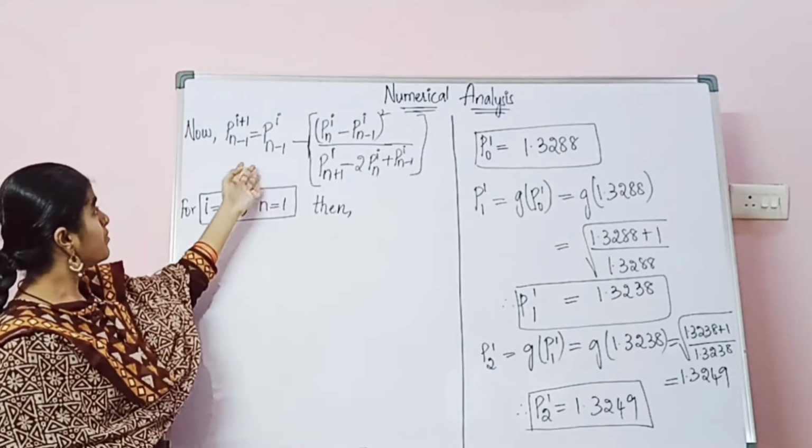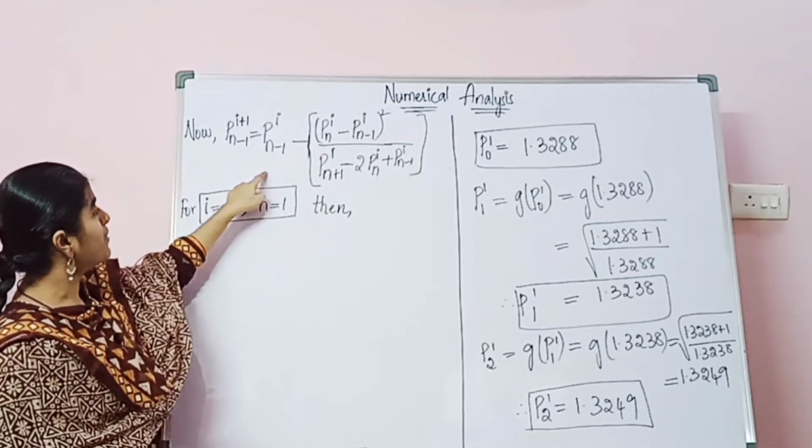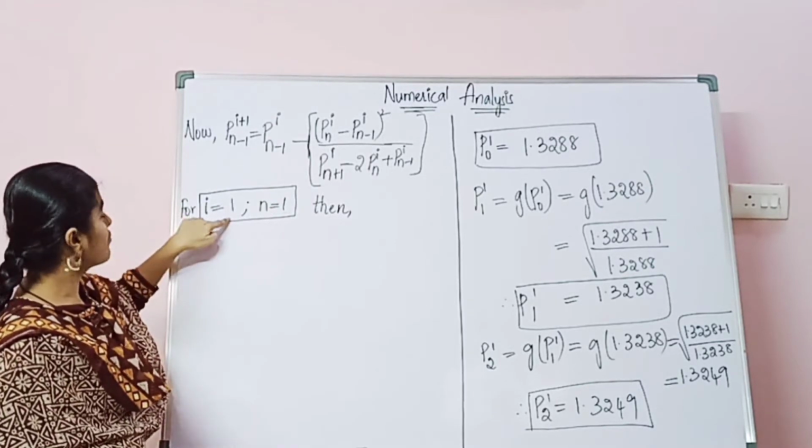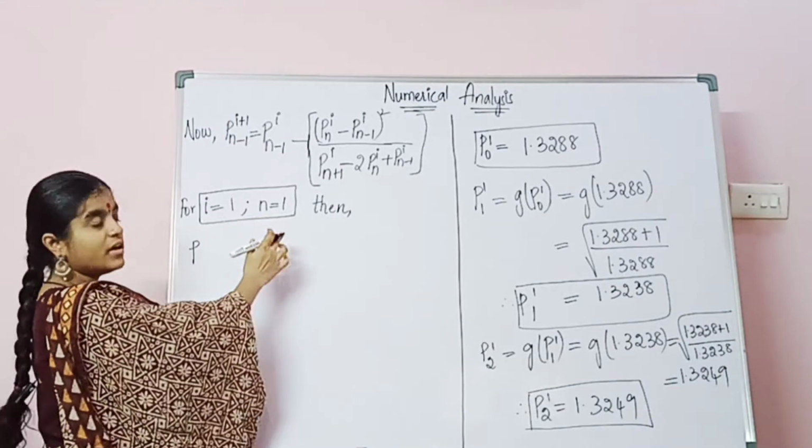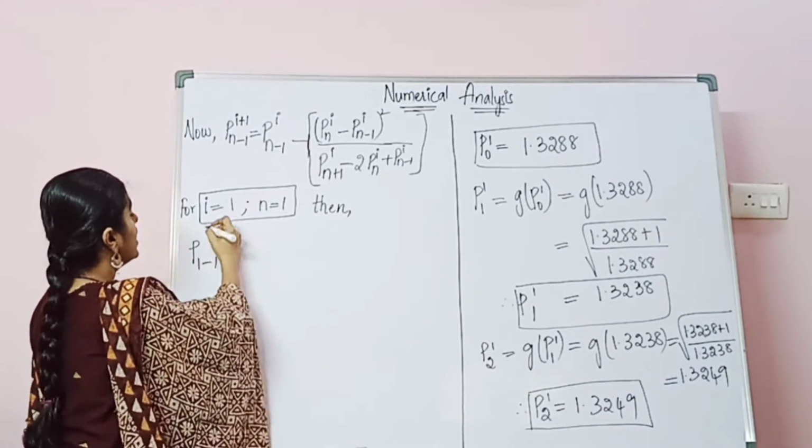Now in this Steffensen's formula, we have to substitute i equals 1, n equals 1. What is n here? 1, minus 1. i means 1.